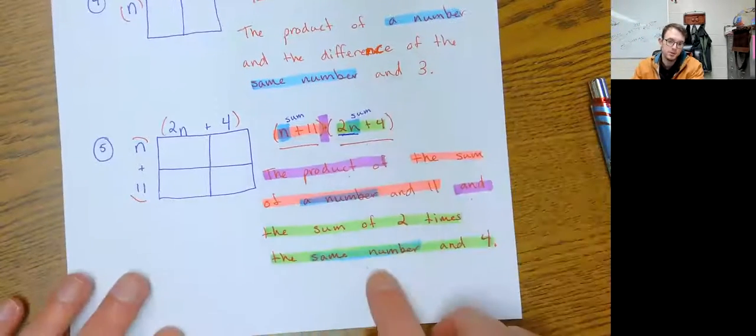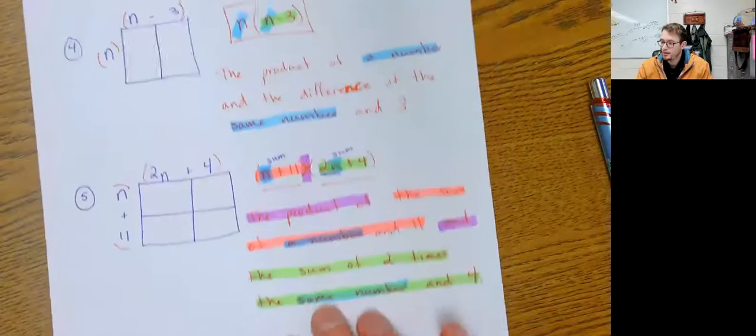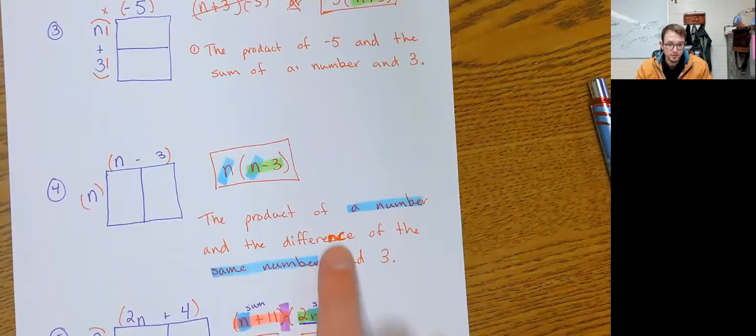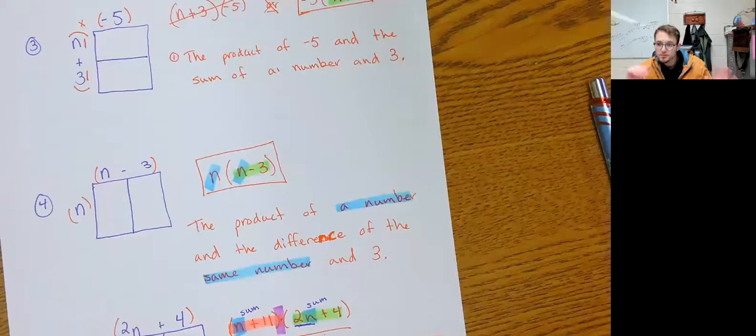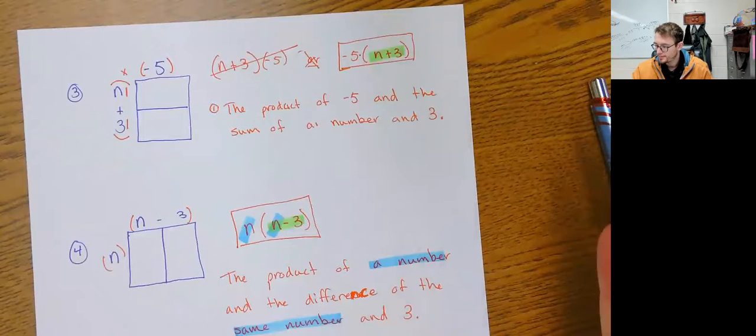Do I expect you to be able to phrase it out like that? Probably not. Probably expect you to be able to do this one, you know, maybe without the spelling errors. Maybe that's a little hypocritical of me as a teacher, but hopefully no spelling errors. But yeah, I'm going to end it there.